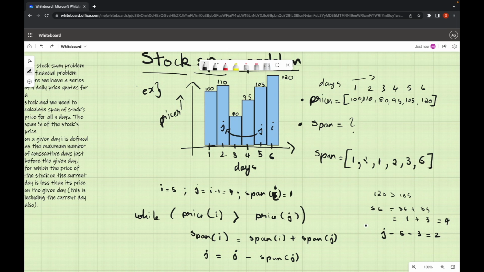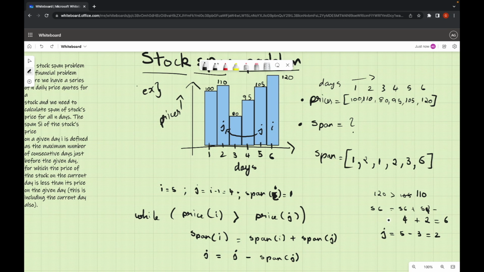Now you again compare 120 with 110. Since 120 is still greater than 110, you increment your S6 by S6 plus S of J. S of J here is S of 2. So 4 plus span of 2nd day, which is 2, equals 6.